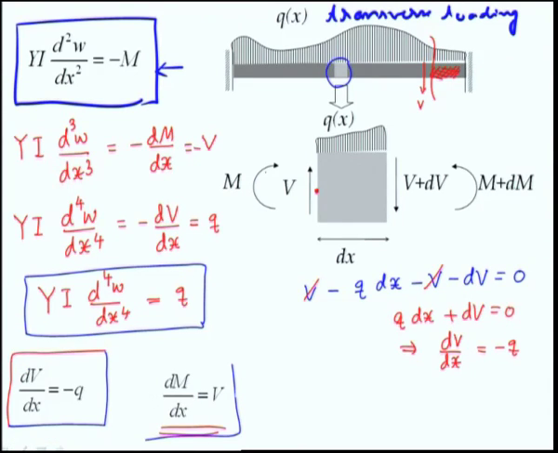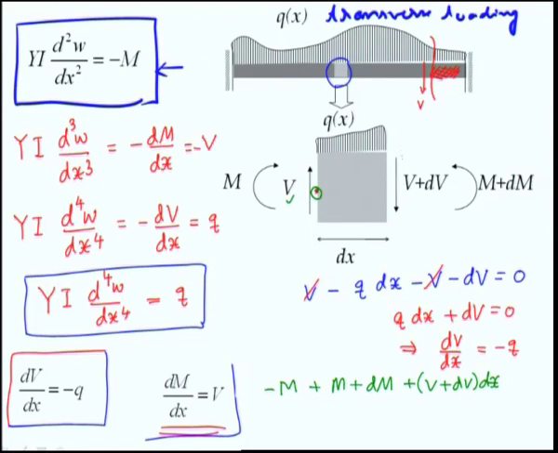So, let us say counterclockwise is positive, clockwise is negative, then this will be clockwise. So, we will have minus M, and then this is counterclockwise, that will be plus M plus dM, and this force, since we are taking moment about this point, will not contribute any moment, whereas this would, and that would be plus V plus dV dx.